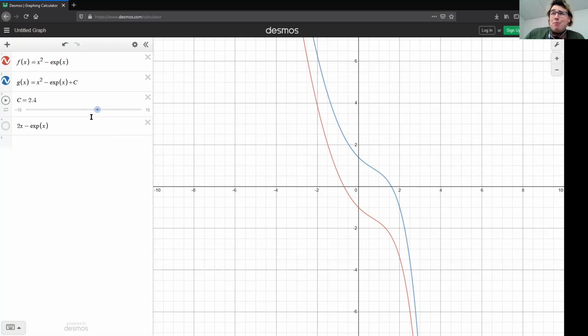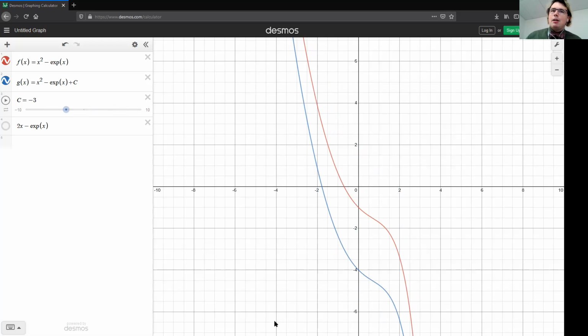I can't get that from the derivative. I can find lots of stuff. I can find out where it's increasing or decreasing, but I'm going to get a very different picture if my y-intercept is 0, or if my y-intercept is 2, or if my y-intercept is -4. Those are all different graphs.